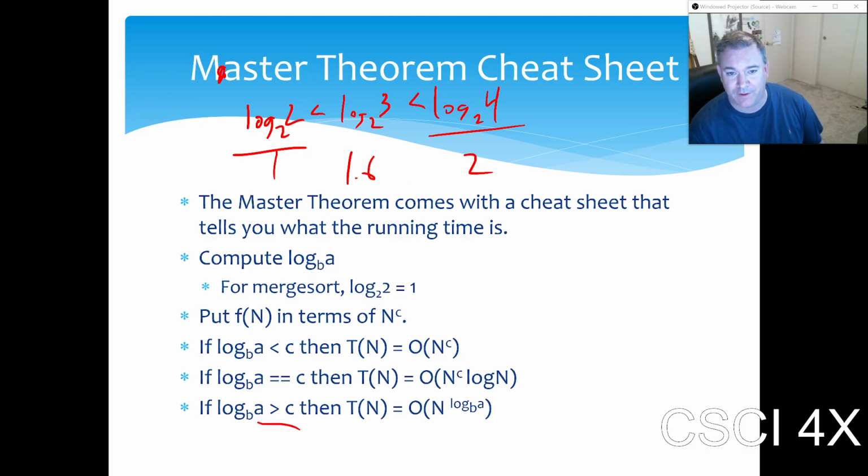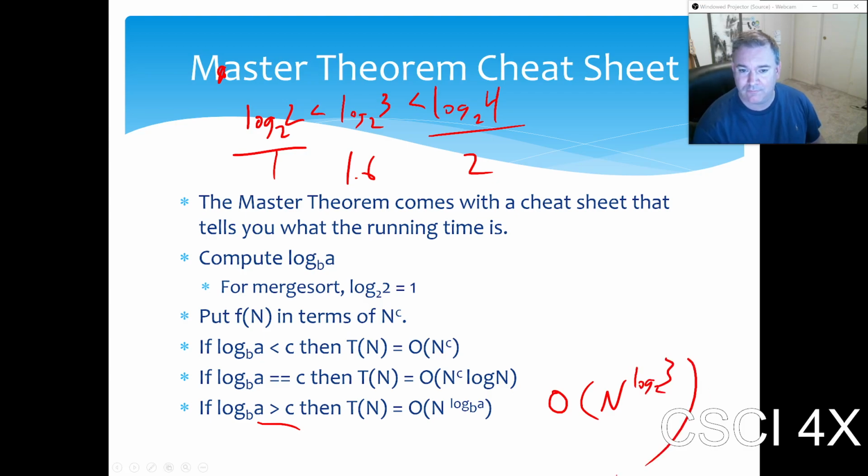So because we know 3 is between 2 and 4, we know that the logarithm is going to be between 1 and 2. And you can calculate it out if you want. Or you can just say this is an order n to the log base 2 of 3 time. That's fine too. Or order n to the 1.6. Either way works.